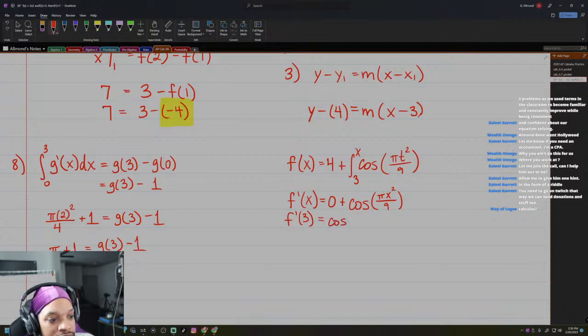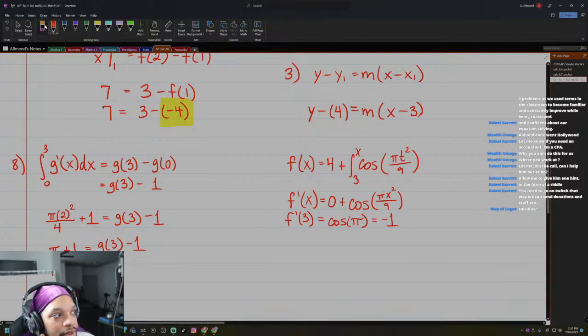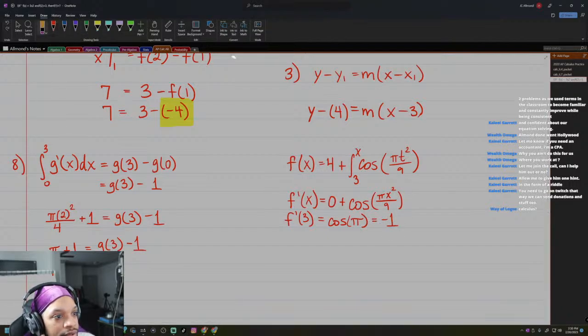So this is cosine of pi, which is -1. That's our m. So that is your equation of a line.